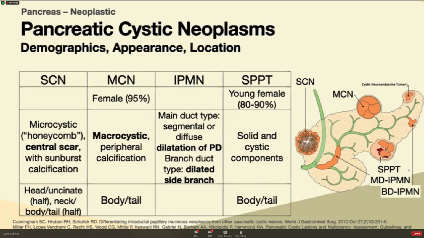For IPMN, there's a dilatation of the main pancreatic duct for the main duct type, and for the branch duct type, there's a presence of dilated side branches, which are usually multiple. Then for the solid pseudopapillary tumor, the patient is usually a young female, and this is present usually in the body and tail. And the lesion contains solid and cystic components.